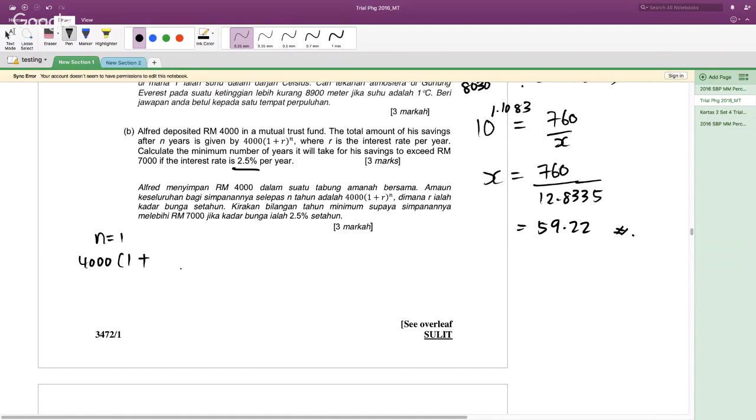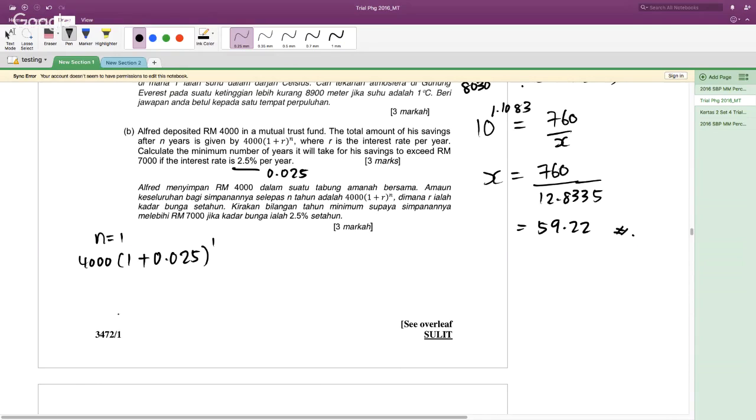You cannot write 2.5 here, you will get it wrong. You have to change it to decimals. This one should be 0.025, so it's plus 0.025, and this is R, the interest rate over here, and then to the power of n. So your n over here should be 1.